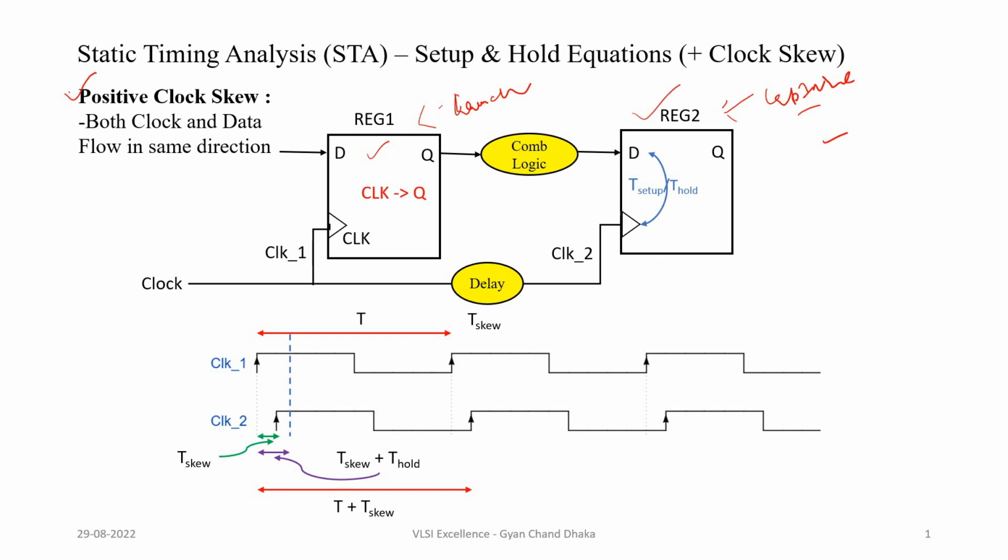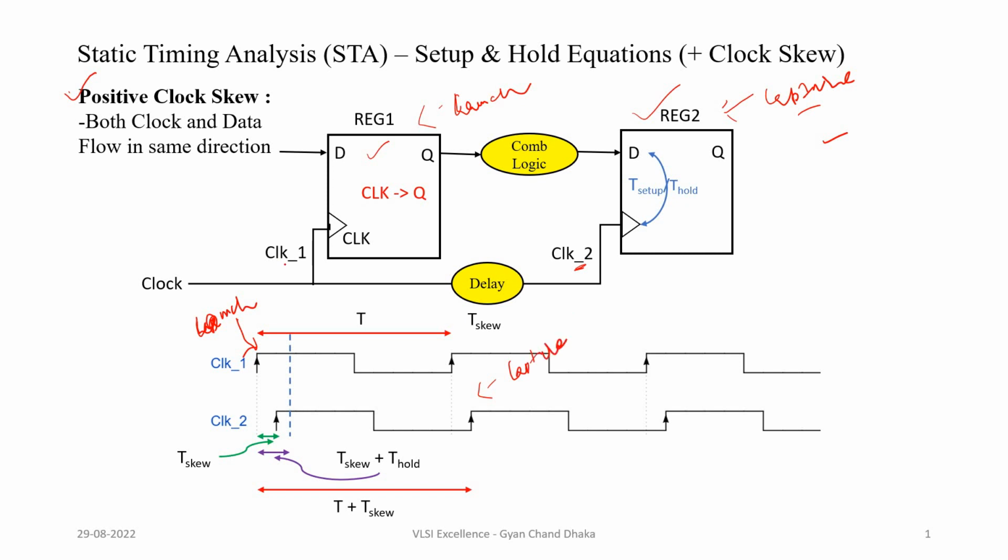If you see in the waveforms, this is clock 1, which corresponds to the register 1 flop, or nothing but our launch flop. This is the launch edge, and this is clock 2 of our capture flip flop, and the clock edge at which the data is captured is this, our capture edge.